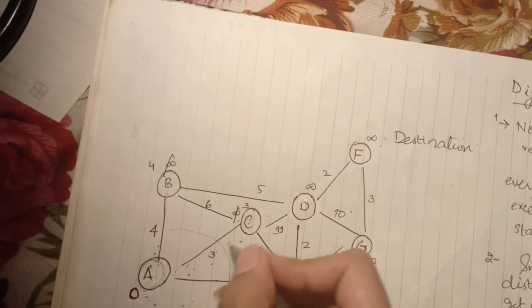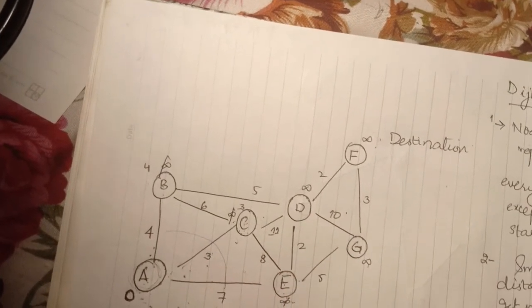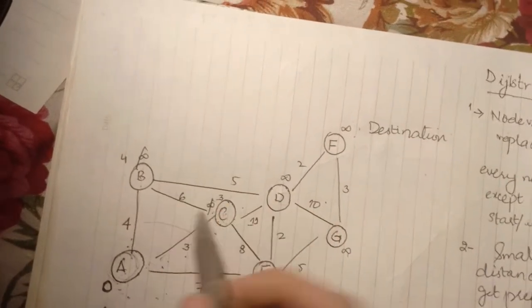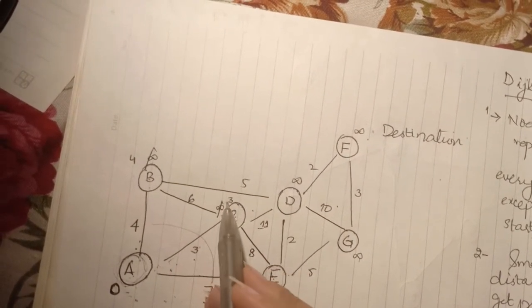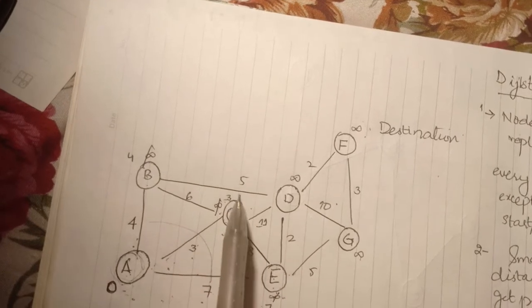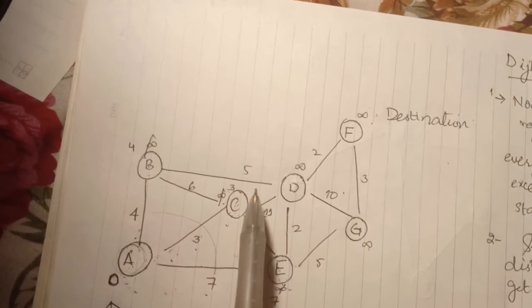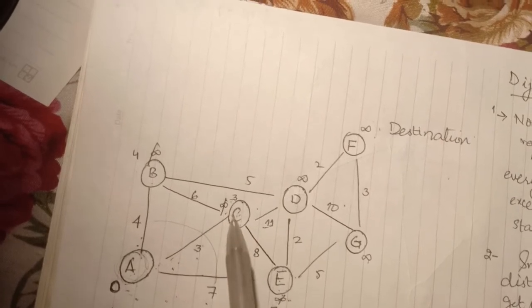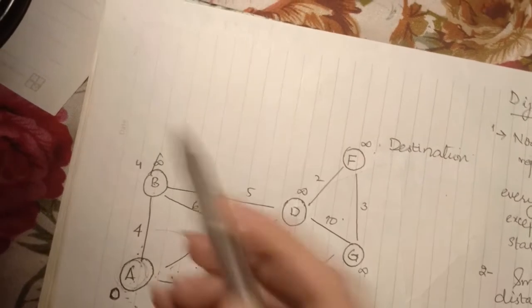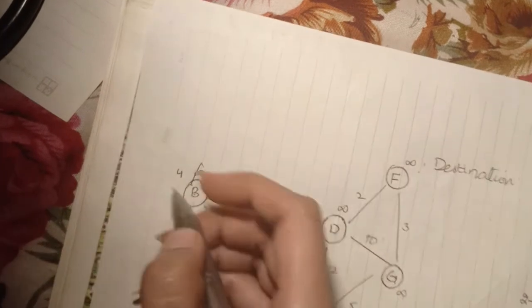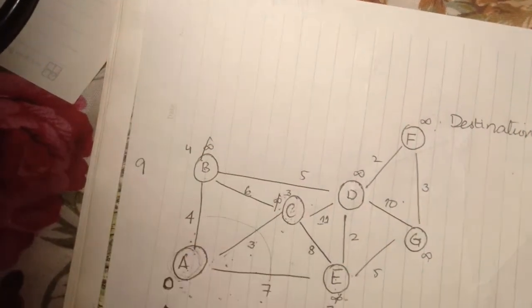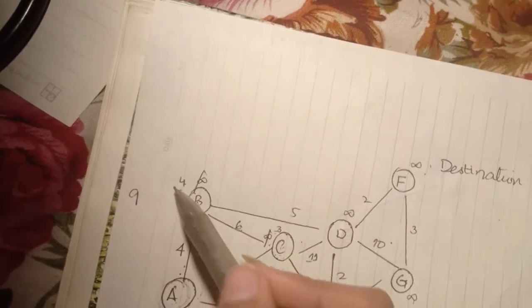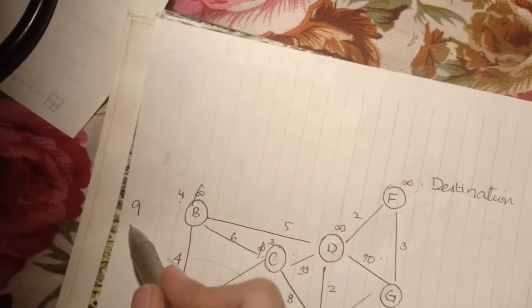So we'll go from C to B, and you'll see that our weight now is 3 plus 6, 9. Now our new weight is 9, and our previous weight was 4, and 4 is less than 9.